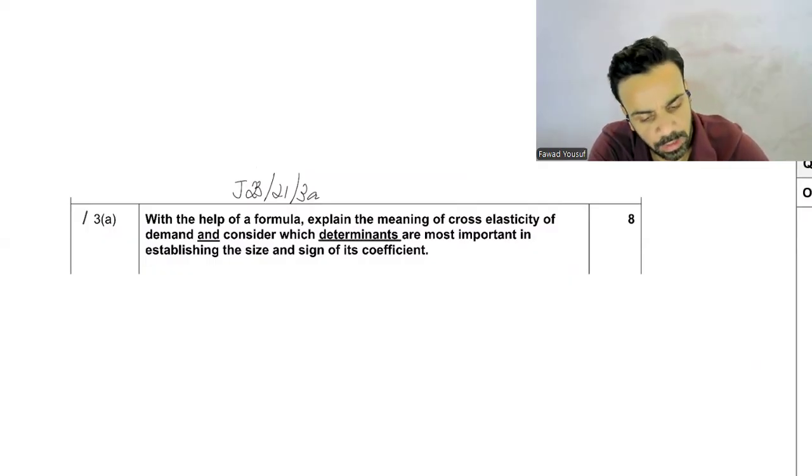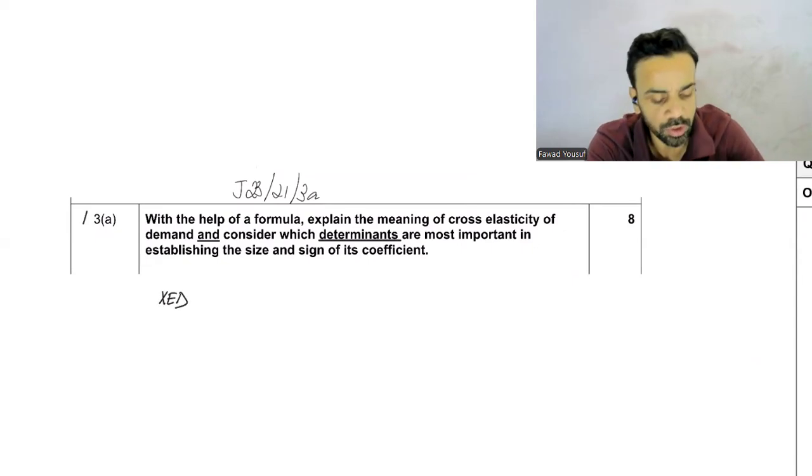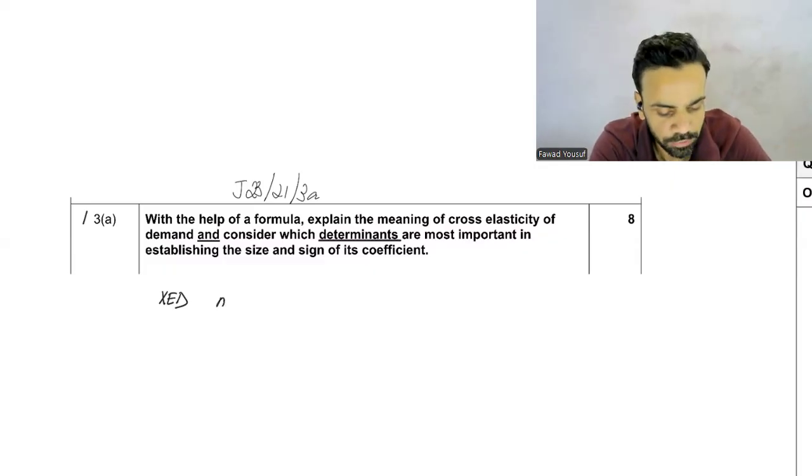The first thing is you have to define cross elasticity of demand. तो सबसे पहले तो हमें वही बात लिखनी होती है कि जो क्रॉस इलास्टिसिटी ऑफ डिमांड है वो मेजर करता है.